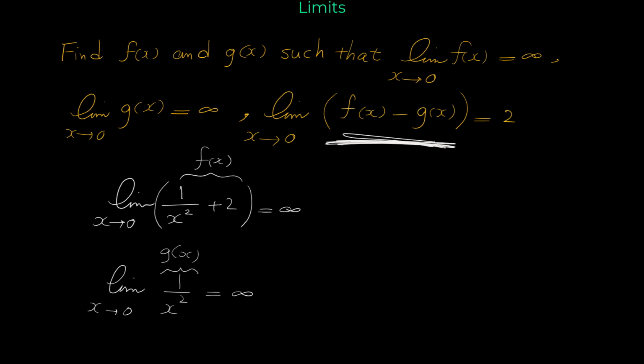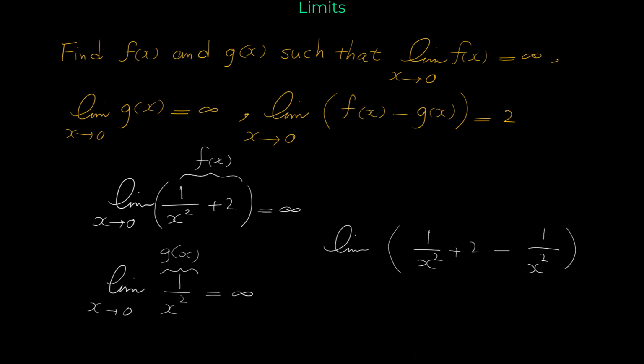Now if we choose f of x as this and g of x as 1 over x to the 2, we can simply check the limit of f of x minus g of x. Let's see what it is. F of x is 1 over x to the 2 plus 2. What is g of x? 1 over x to the 2.